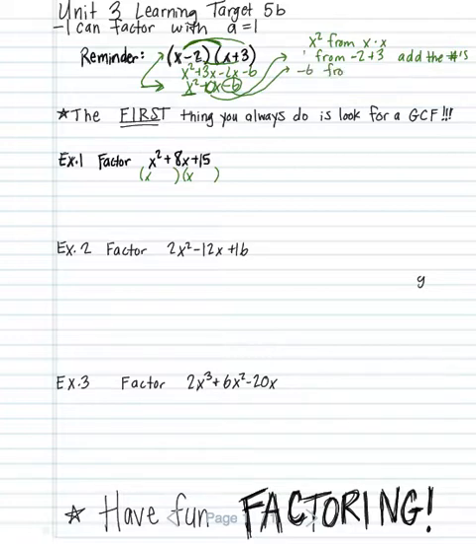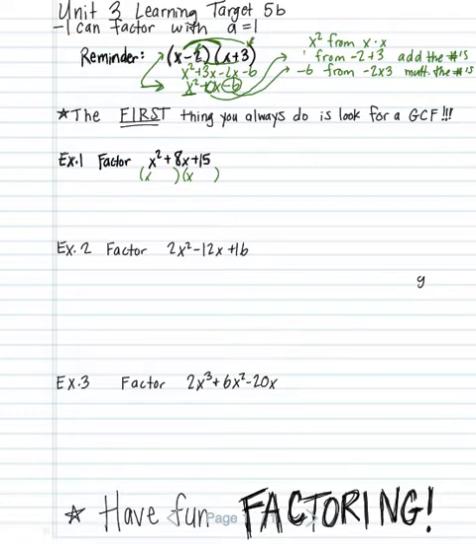We multiplied the numbers. So this number in our first factor and this number in our second factor, they multiplied to get the third term and added to get the second term.